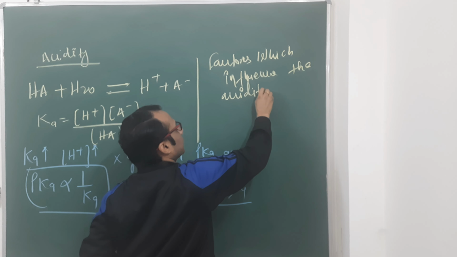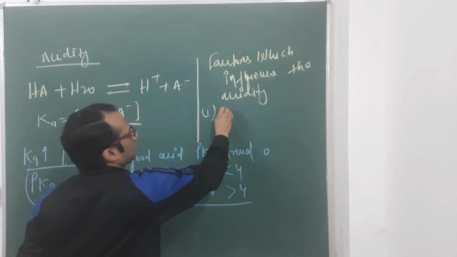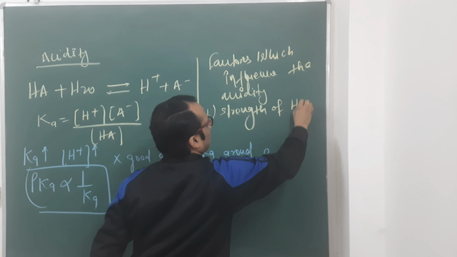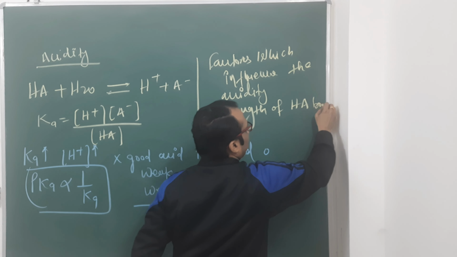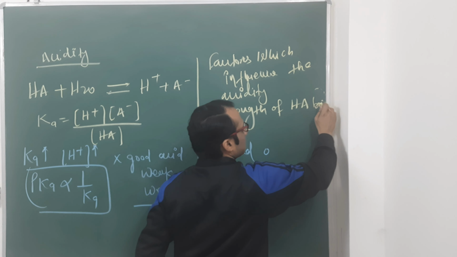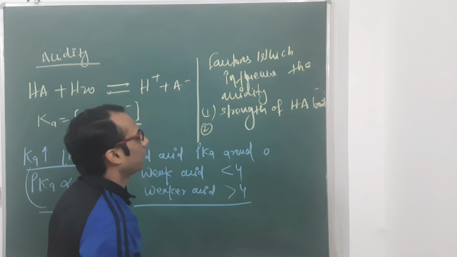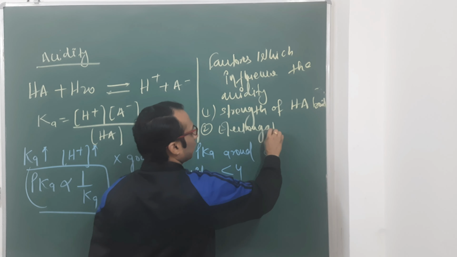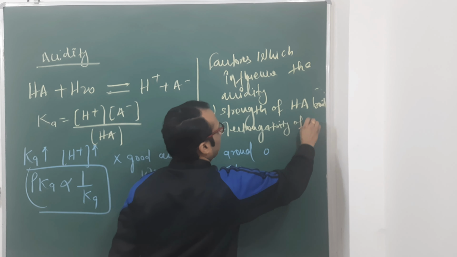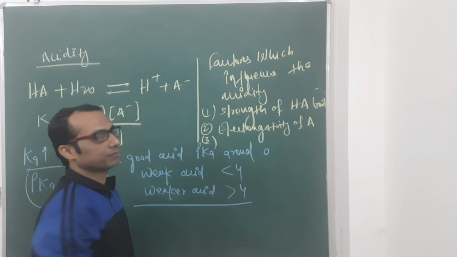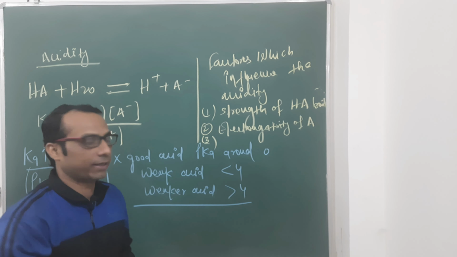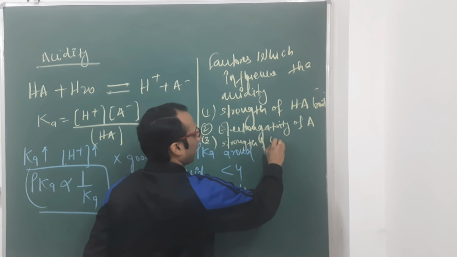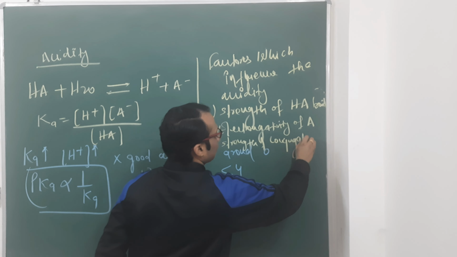Number one I write here: strength of the HA bond. Correct? Strength of the HA bond. Second is the electronegativity of A. And third here, strength of the conjugate anion.